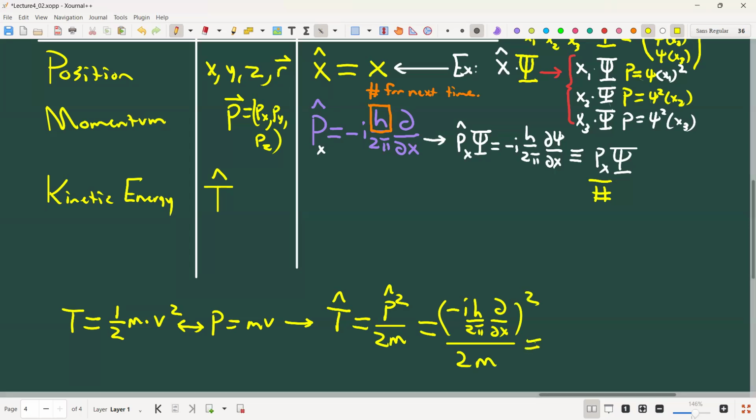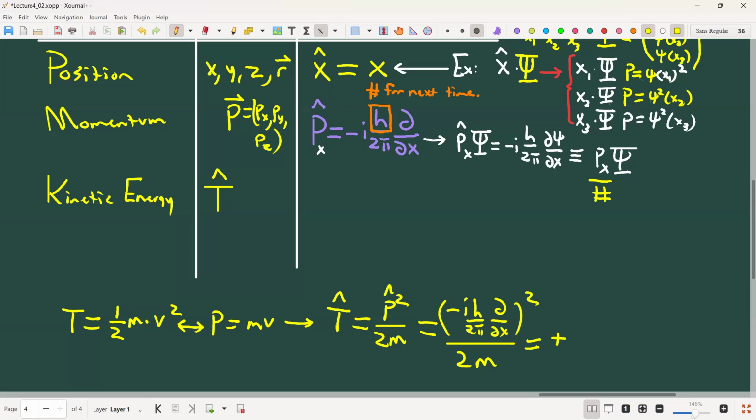Let's work this out. i squared is minus 1, and minus times minus 1 is plus 1. So we have a plus, and the i goes away. That's good. So p squared is real, the i is gone. Maybe we can measure the magnitude of the momentum. We lose something about the direction, but maybe we can do the magnitude.